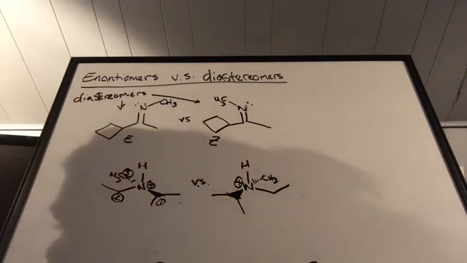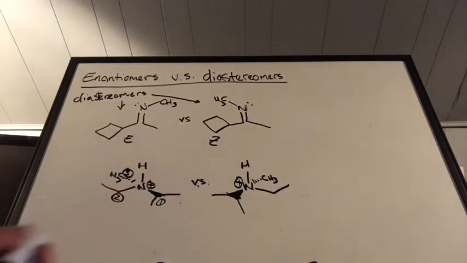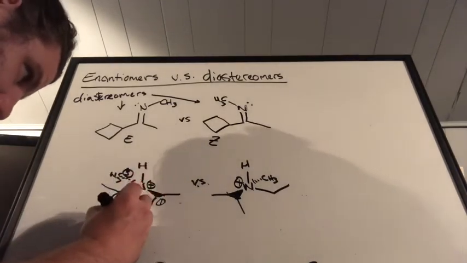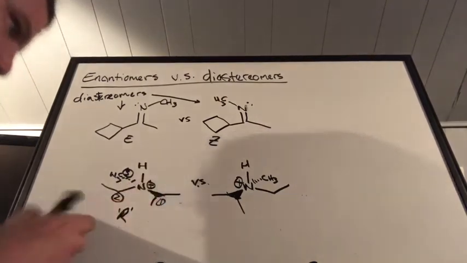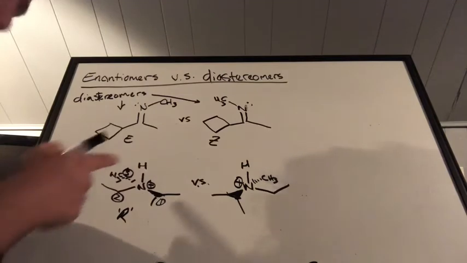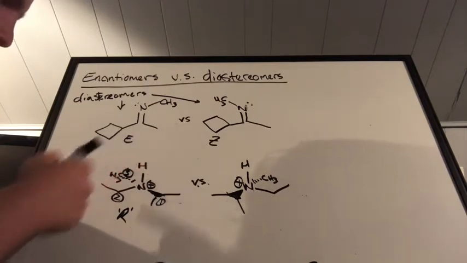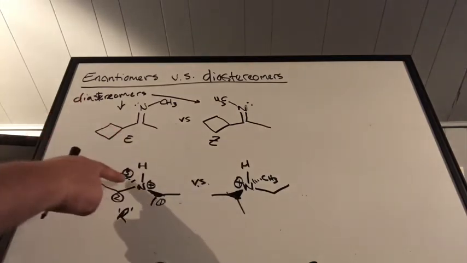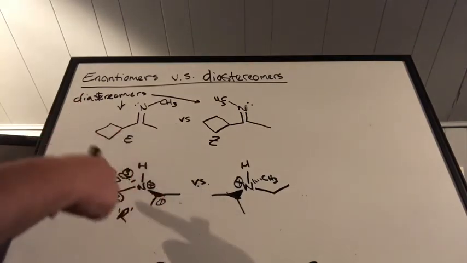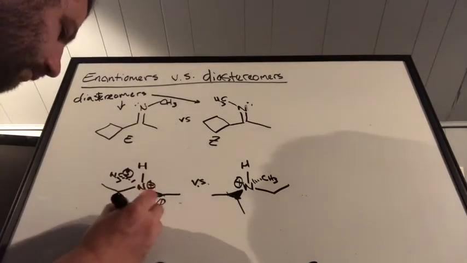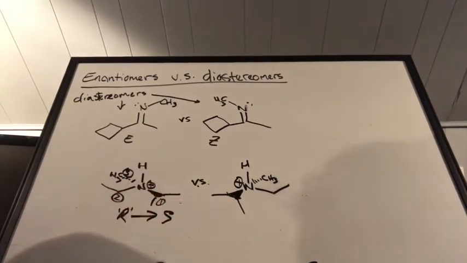So if you were just to keep track of this on paper, you'd say, oh, that's going to be R right there. I would put it in quotation marks because we know that this lowest priority, hydrogen, needs to go into the back. So what you would do is rotate it to where this methyl group is going to go somewhere around this triad. So in other words, it's really going to be S.